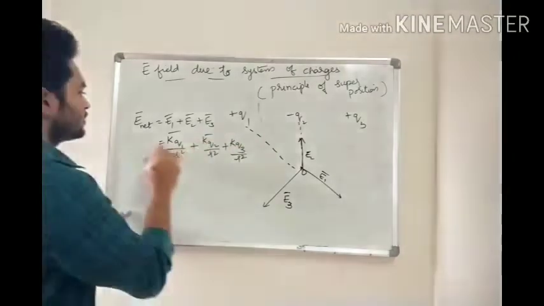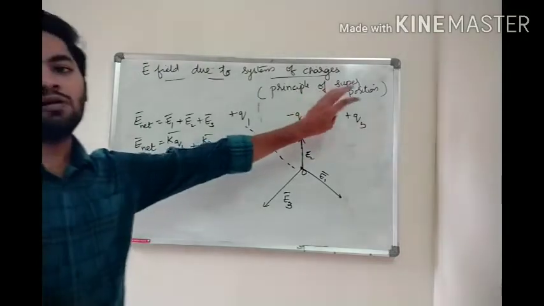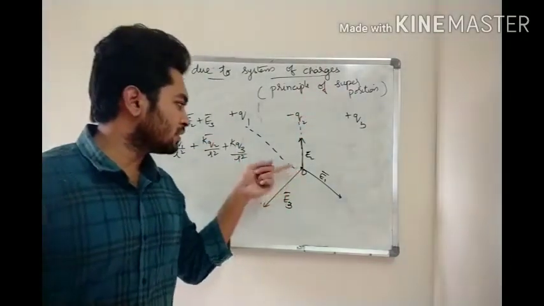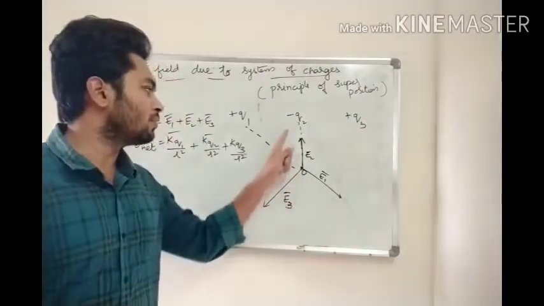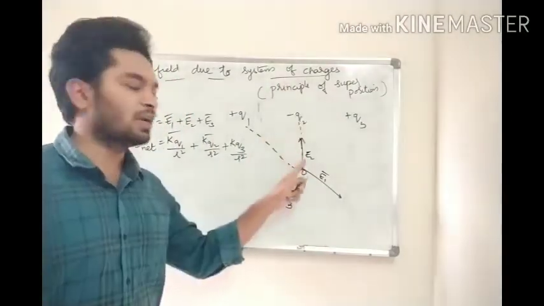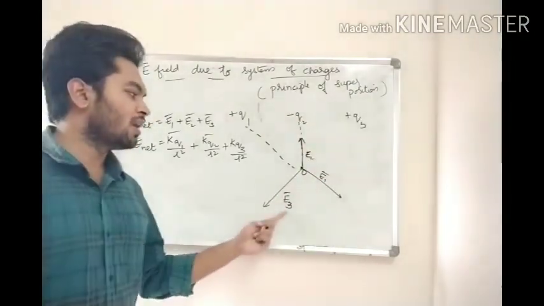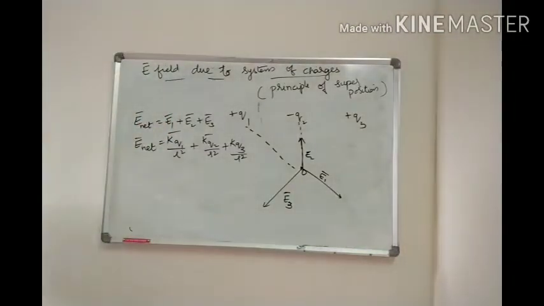So this is your E net according to the principle of superposition. This is due to Q1, the direction of electric field 1. Due to Q2, this is the electric field E2, and due to Q3, this is the direction of E3. Clear? Okay. Now let us see a small problem. Note this down.